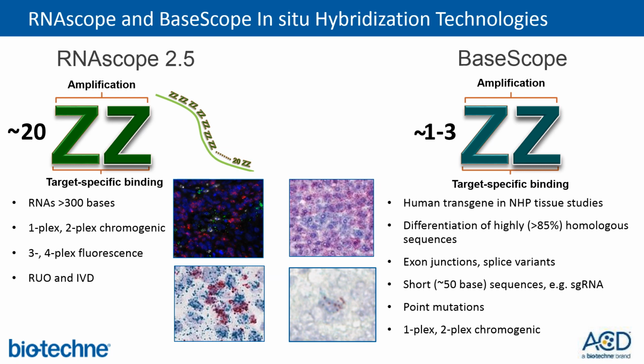So in instances where AAV gene therapy is delivering, say, Cas9 and a guide RNA, the BaseScope assay can be utilized to detect that single guide RNA. Now, neither one of these assays is suitable for microRNA detection, which in some instances is being delivered through an AAV vector. However, a soon-to-be-released microRNAscope assay will be applicable for detection of microRNAs, siRNAs, and ASOs. So again, all of these are product-based kits which can be purchased for use in your laboratory.